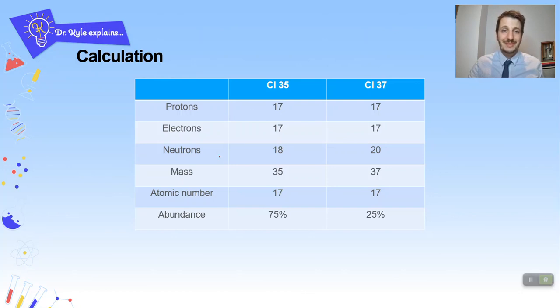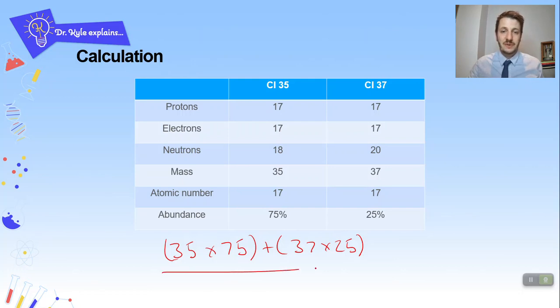And so what that means is your mass, 35, times your abundance, 75, plus your mass, 37, times your abundance, 25, mass times abundance, add it all together, and we divide it by 100. You will find, and please have a go at this on your calculators to make sure you can do this, it will come out as 35.5.